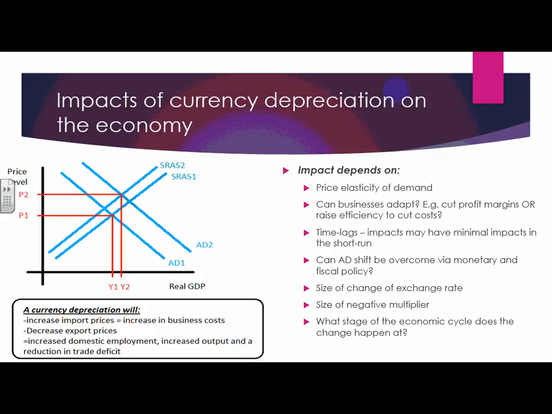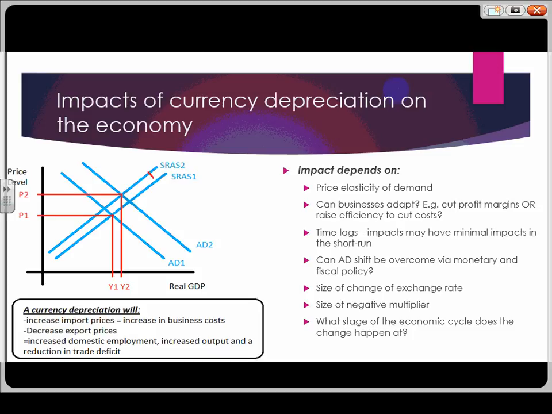Now just think about what will happen then. If the pound loses value, one impact will be an increase in the costs of production. This will make the SRAS curve shift to the left. The UK has a huge trade deficit on the current account. We rely on importing lots of essential raw materials from across the world, and firms are the same.